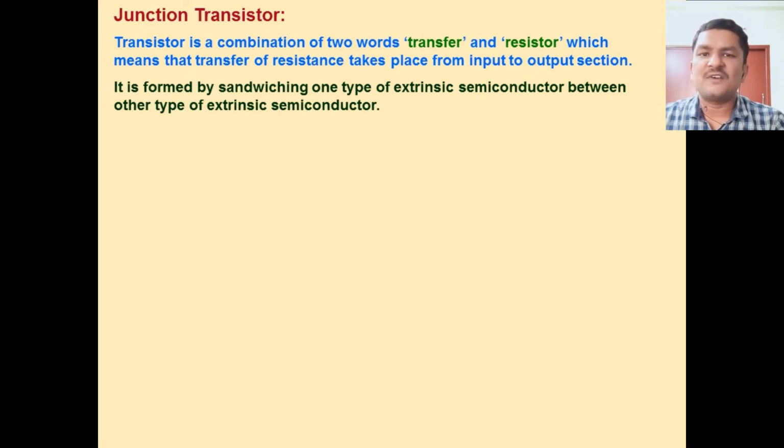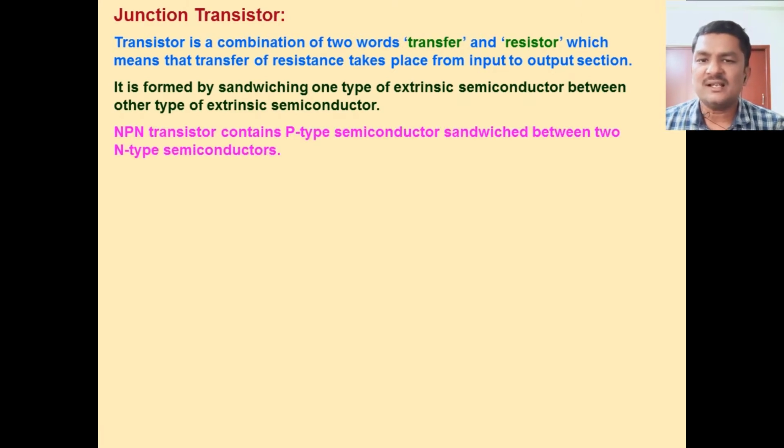How can a transistor be formed? To an extrinsic semiconductor, extrinsic semiconductors are two types that you know, p-type semiconductor or n-type semiconductor. To an extrinsic semiconductor, the opposite extrinsic semiconductors are sandwiched on either side, then a transistor can be formed.